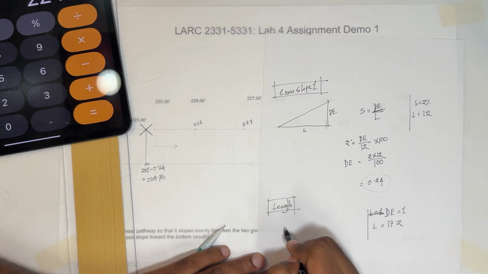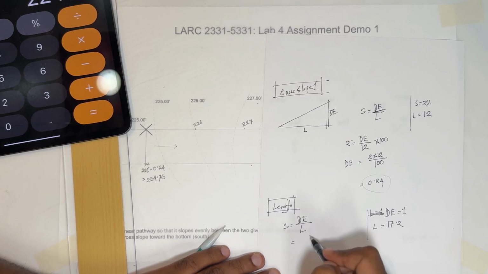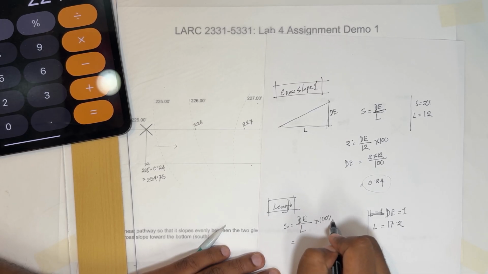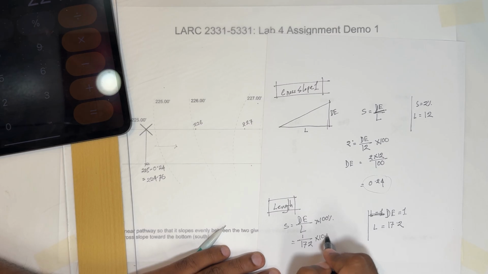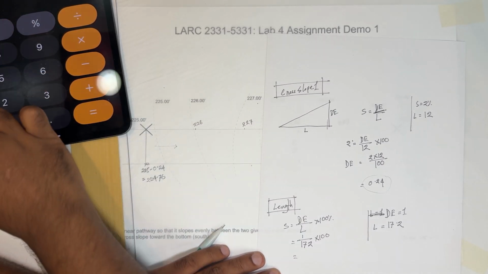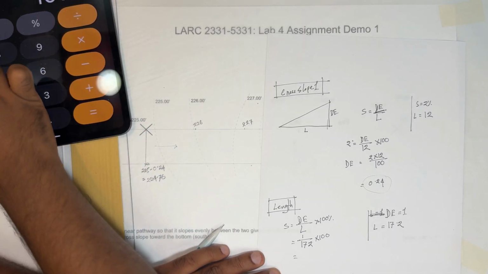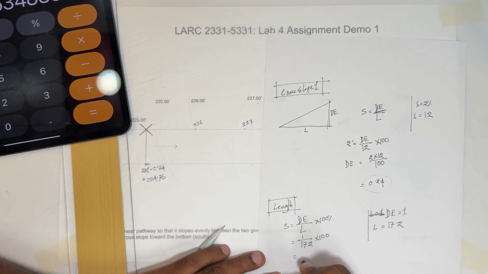So let's calculate the slope. Because we want percent, we calculate it with 100. So dE is 1 divided by 17.2 into 100. So 100 divided by 17.2. That is 5.81%.